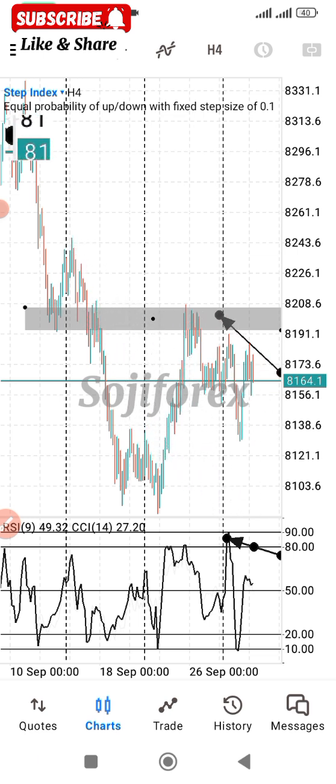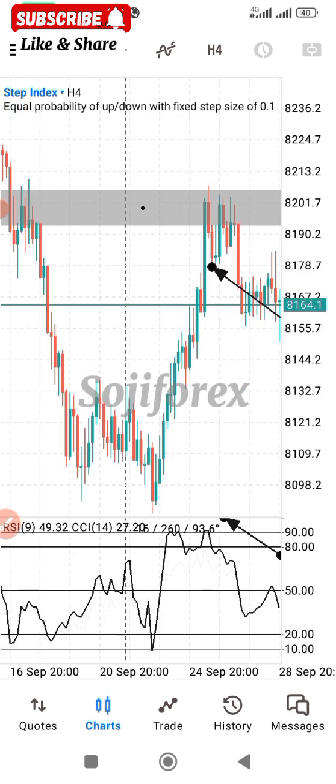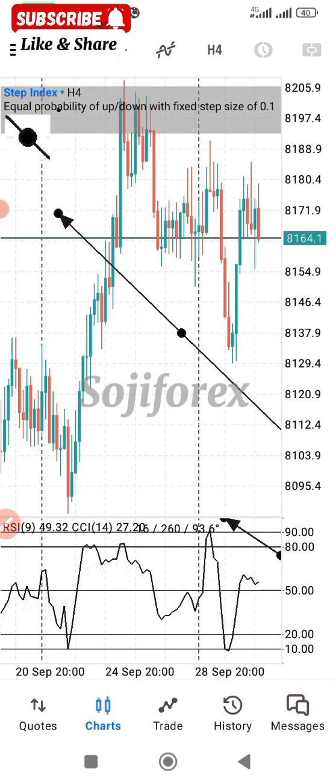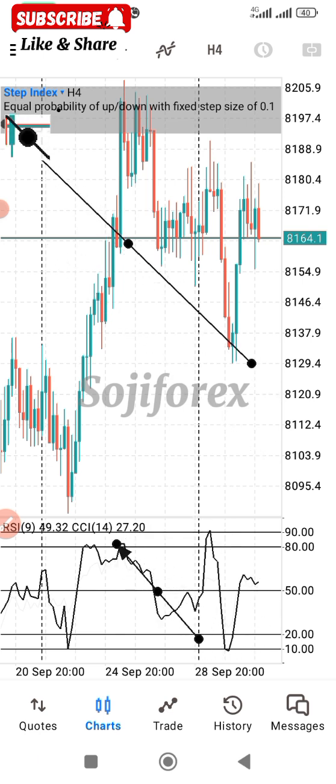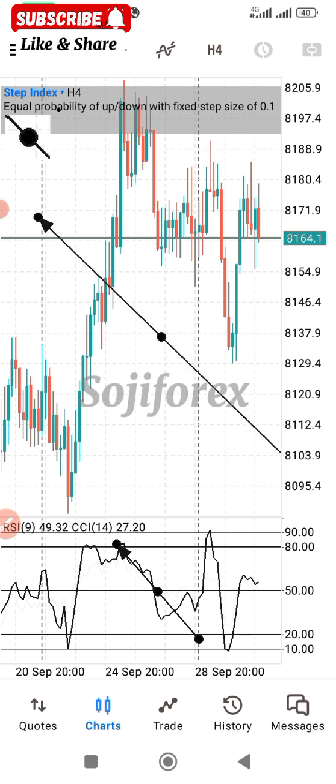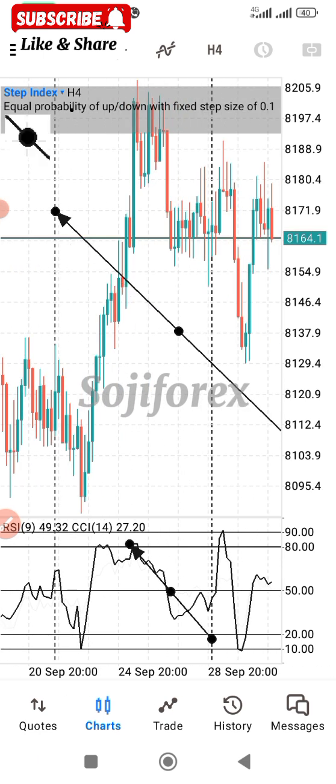So we have a previous level of support here before it was broken down to the downside. So we have established that, and price is at this level of 80, and we have established that we have a support zone.